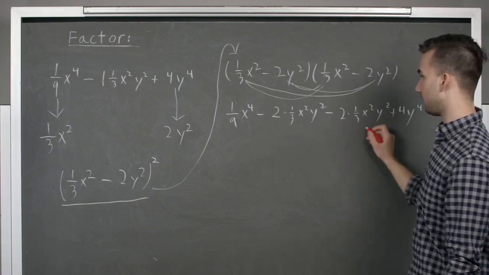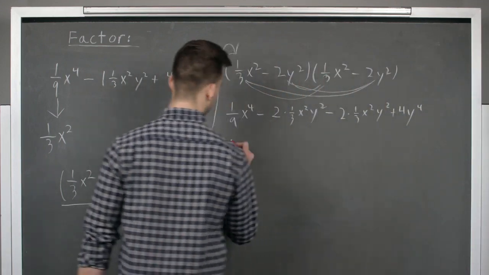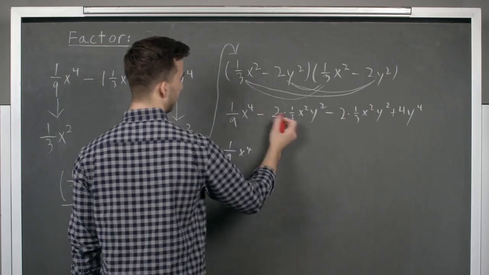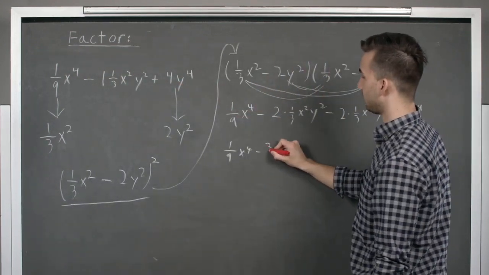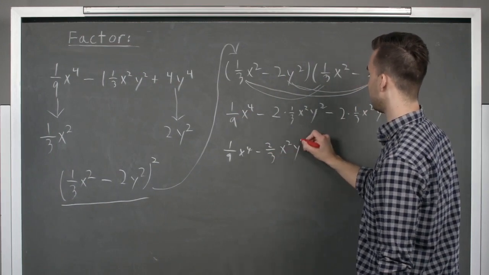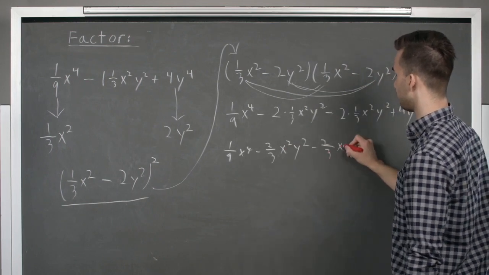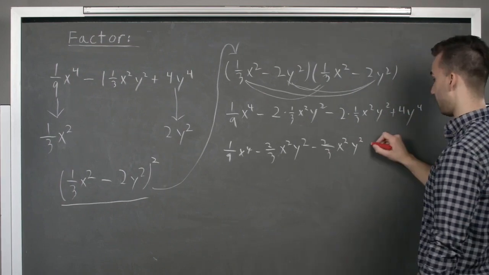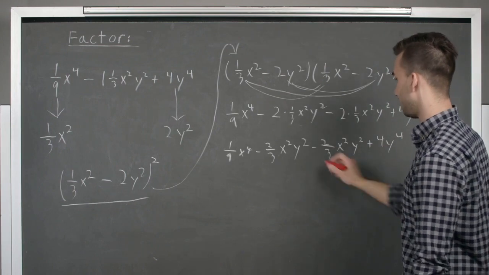Now, let's simplify and combine like terms. We have 1 over 9 x to the power of 4, minus 2/3 x squared y squared, then another minus 2/3 x squared y squared, and then our plus 4y to the power of 4. Now we can combine like terms.